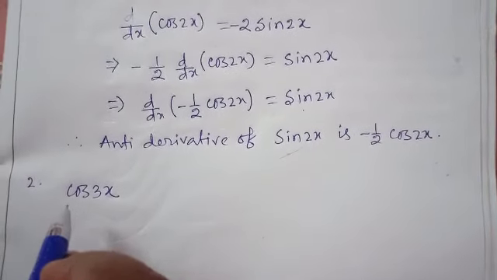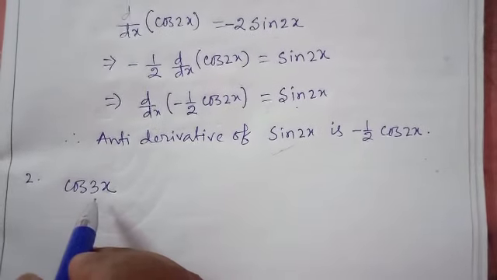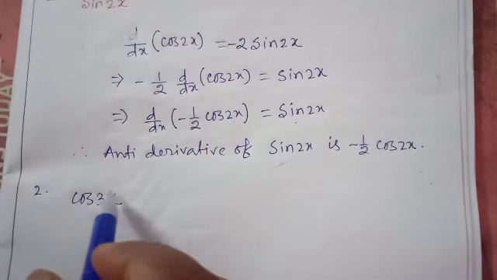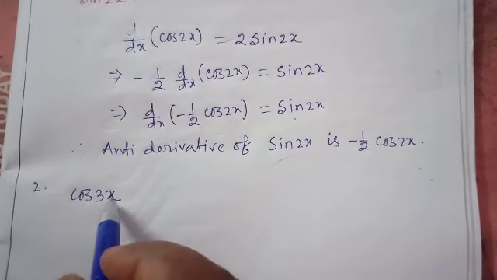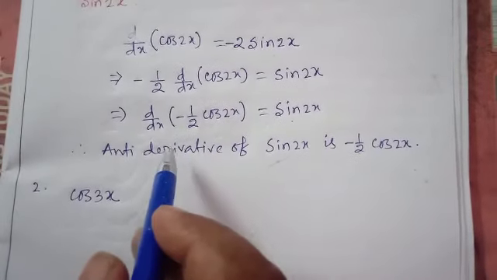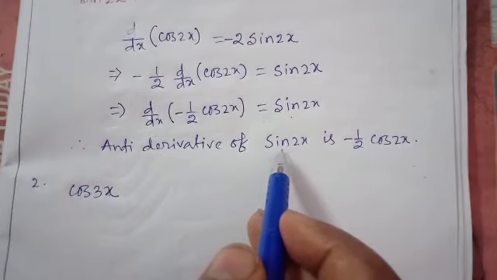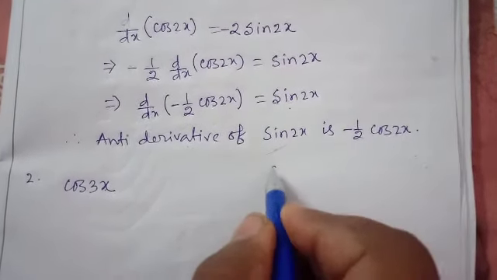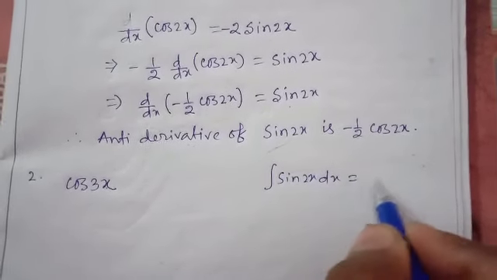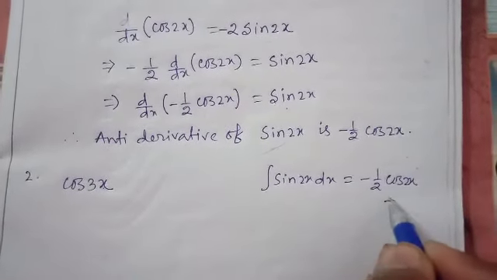The second sum is given as cos 3x. You can solve it by the method of inspection in the same way. You have to know whose derivative is cos 3x. From here we saw that the integration of sin 2x dx is minus 1 by 2 cos 2x plus c.